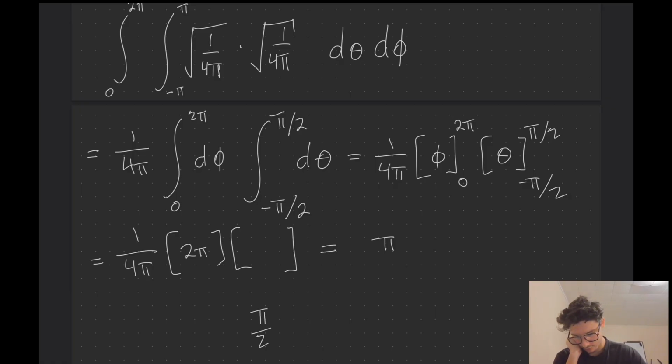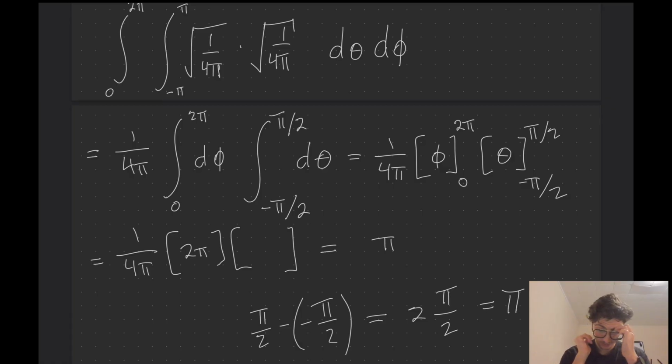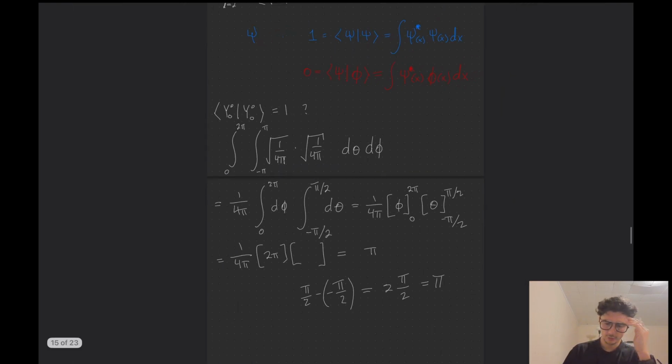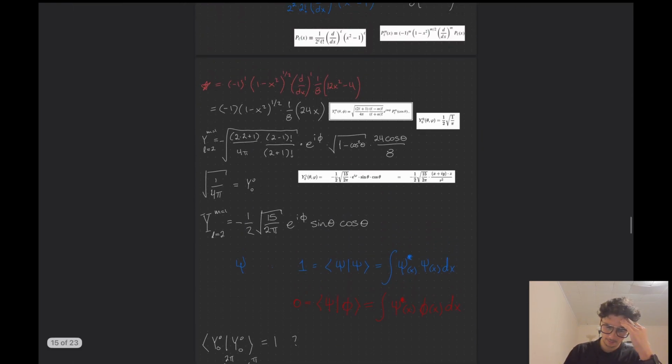Because pi over 2 minus negative pi over 2 just gives us 2 pi over 2, which gives us pi, which is actually wrong. I feel like there's a 2 pi somewhere missing.